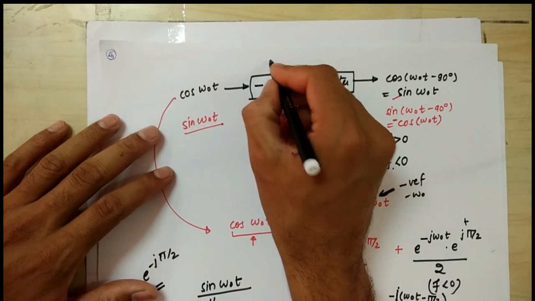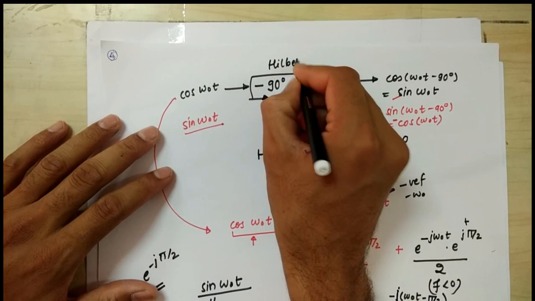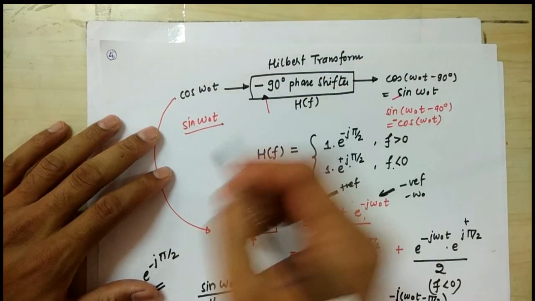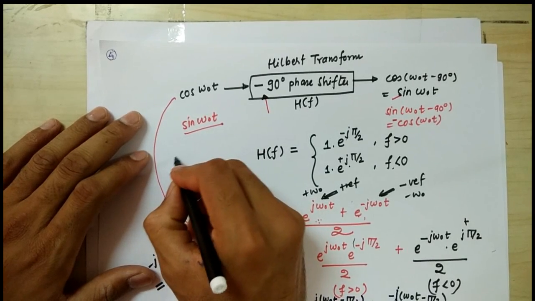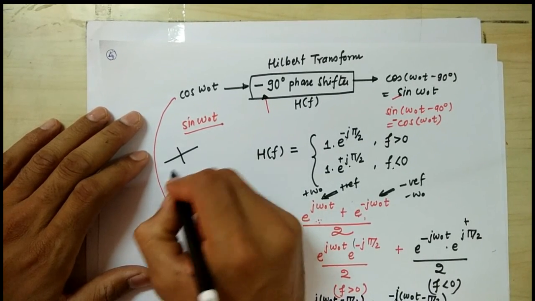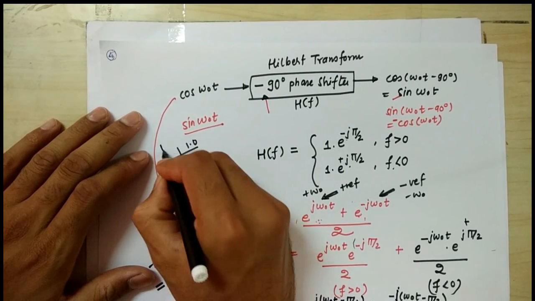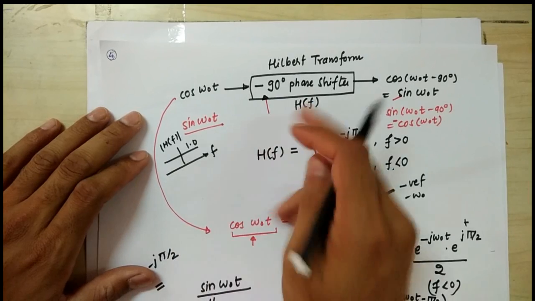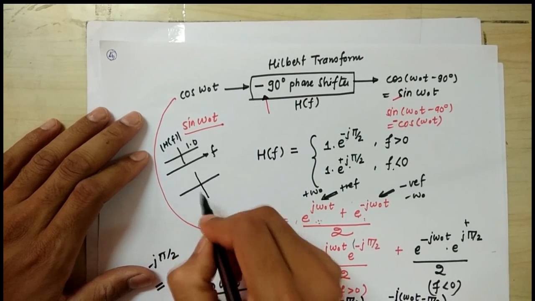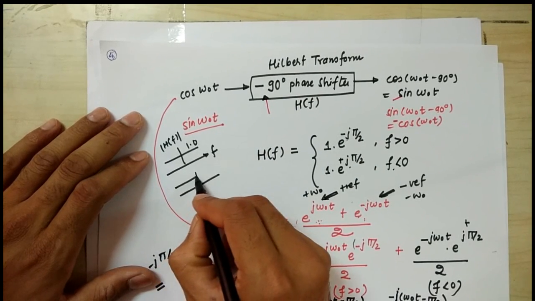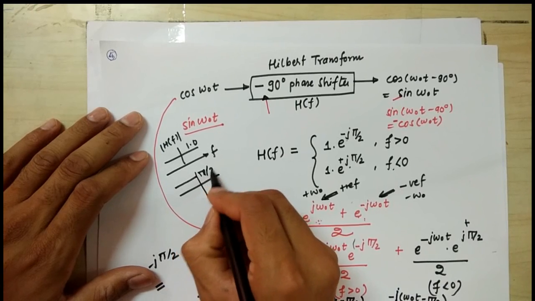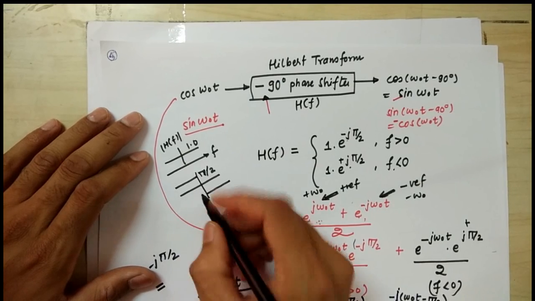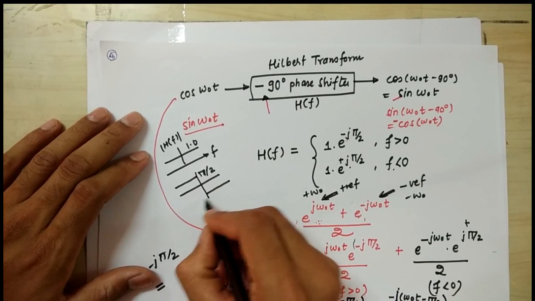We also call it Hilbert transform, and it is a filter whose gain is unity. If you see, the magnitude spectrum is unity and the phase spectrum is what? It adds plus pi by 2 for negative frequency and minus pi by 2 for positive frequency.